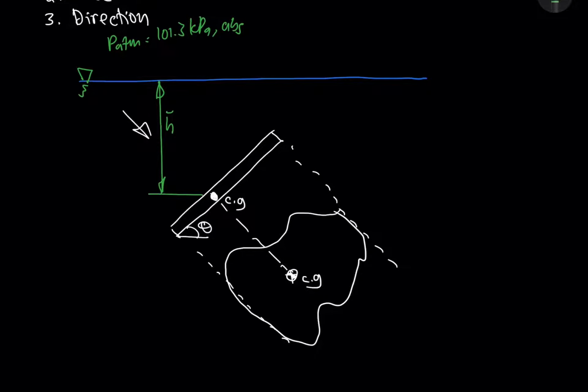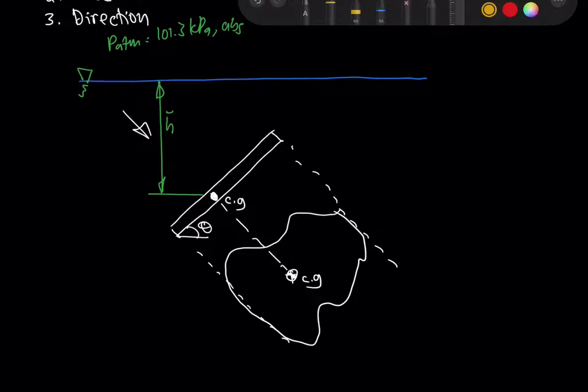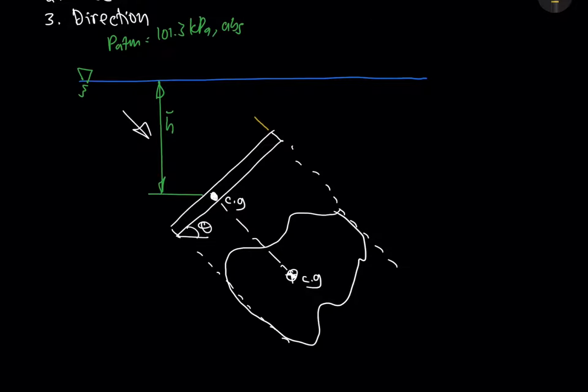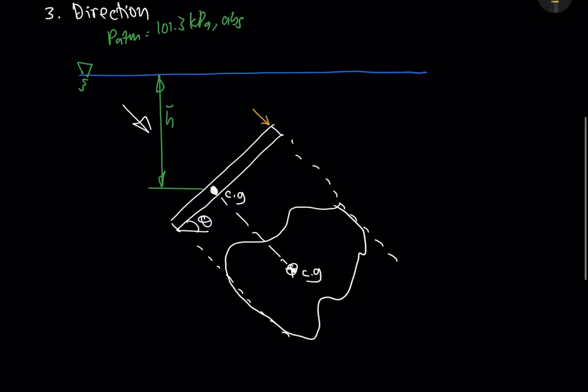The magnitude of force at the top here must be smaller than the magnitude of force at the bottom there. Why? Because when you go deeper into the fluid, the pressure becomes higher and higher, and of course the force becomes higher too.